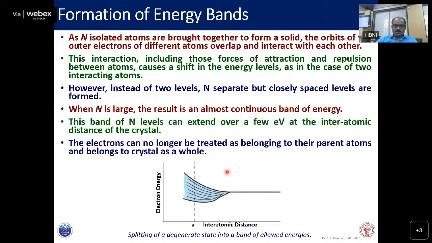Now the electrons can no longer be treated as belonging to their parent atoms and should be considered as belonging to the crystal as a whole. The electrons which were part of an atom now become part of the entire crystal.